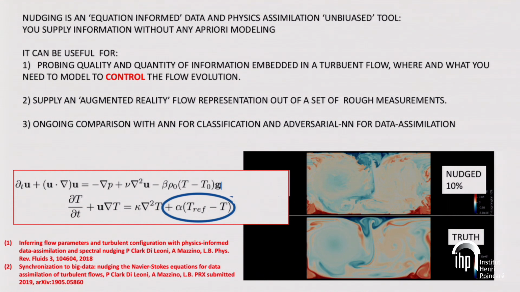Have you thought of using data assimilation to infer the three-dimensional structure of the flow? Yeah, we are trying to do that. It's a very natural question. To supply an augmented reality flow representation out of a set of measurements. Absolutely. Okay. Thank you very much.